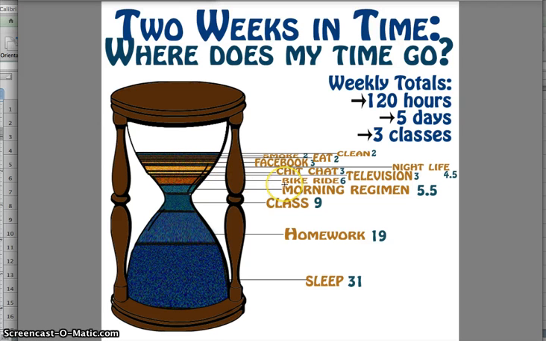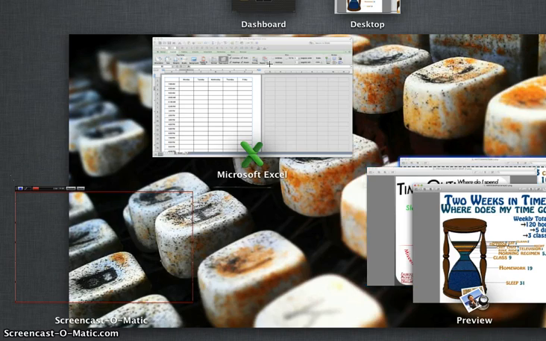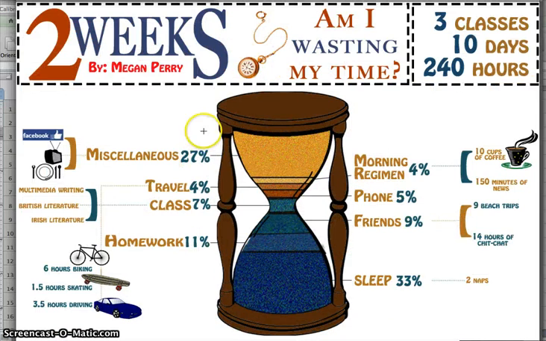So what I did was I decided to take all this smaller stuff right here and make it into one category, and I called that category miscellaneous. So that included things like Facebook, watching TV, eating, the things that were small portions of what I did. They were less than 1%, 2%. So they weren't all going to fit.